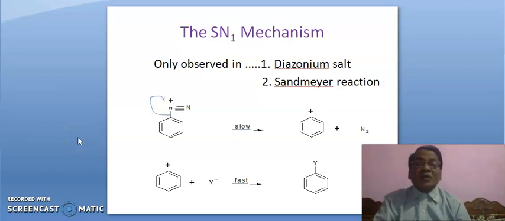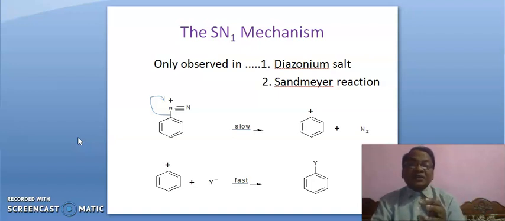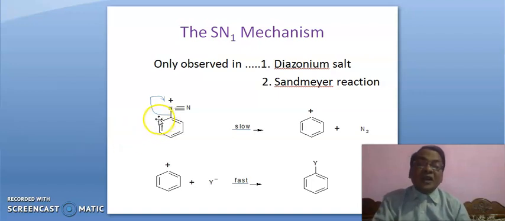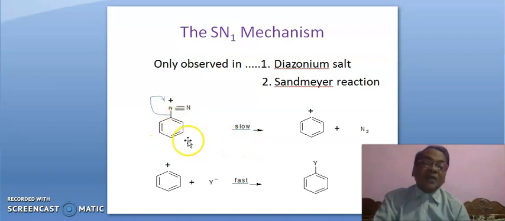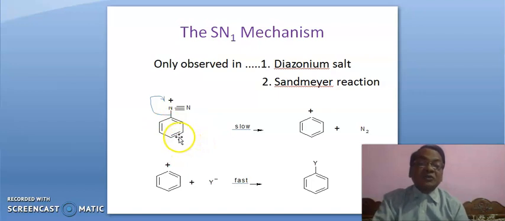Okay. Then the first thing you have to remember is that the substrate in which ionization will take place follows the SN1 mechanism. Here this bond will break easily, giving rise to this, and this process is slow, and in this ionization only this substrate molecule is responsible.